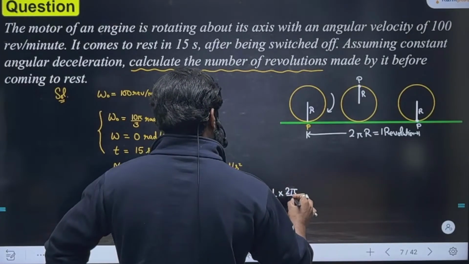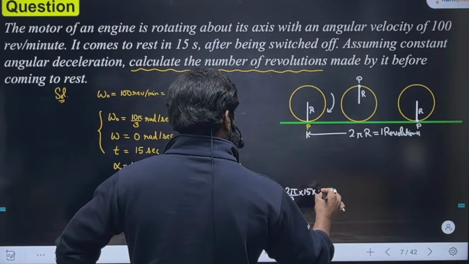alpha is 2 pi by 9, t square, 15 into 15.